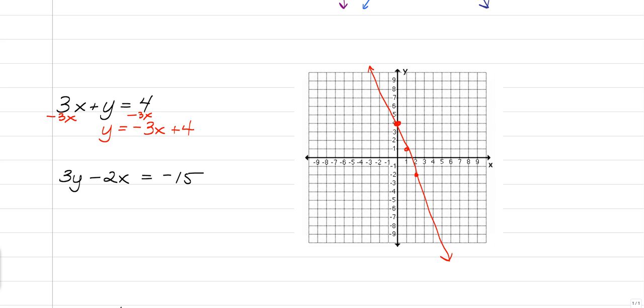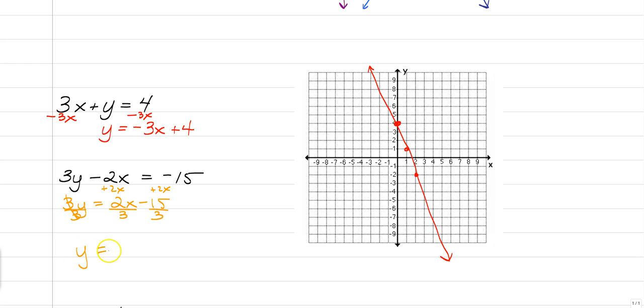And in the next one, you would do the exact same thing. You just have to get y by itself. So you would add 2x to both sides, and that would give you 3y is equal to 2x minus 15. Y still needs to be by itself, so you have to divide everything by the 3.